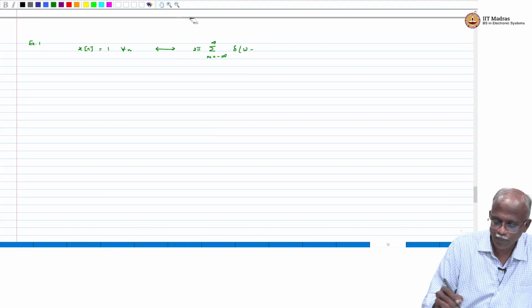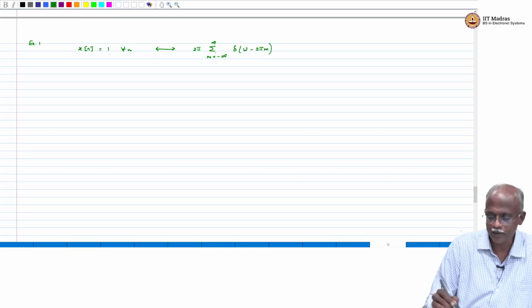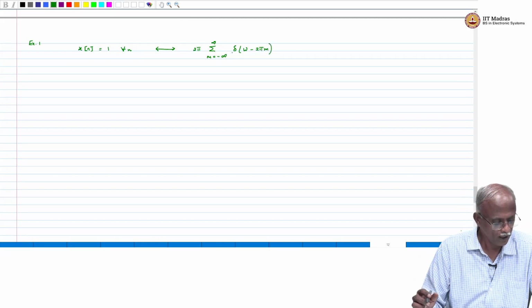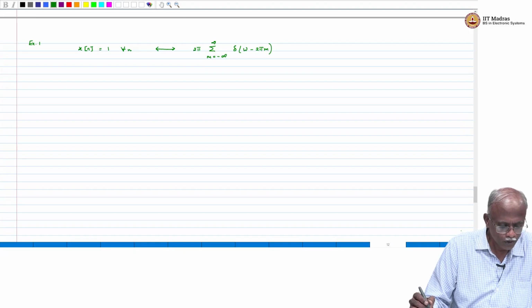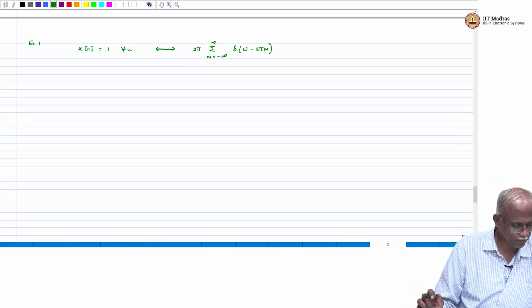This can be omega plus or minus, does not matter. So, you can write it in both ways. So, this corresponds to a special case of the discrete time Fourier transform.